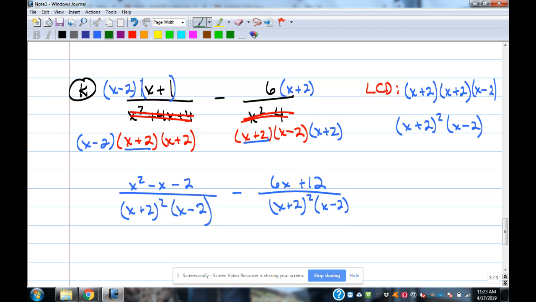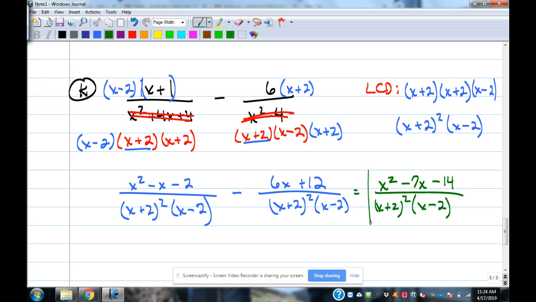Let's subtract the numerators. So x squared minus x minus 2 minus 6x plus 12. So that's going to give us x squared, negative x minus 6x would be minus 7x. Negative 2 minus 12 would be minus 14 over x plus 2 squared, x minus 2.